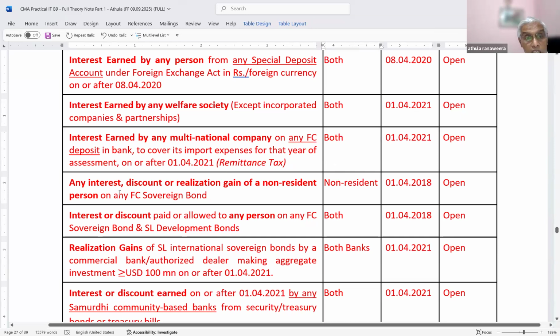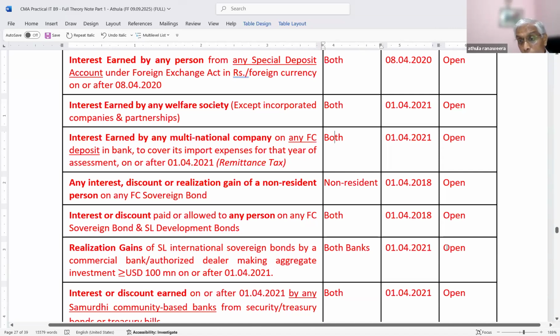Then any interest, discount or realization gain of a non-resident person on sovereign bonds, foreign currency sovereign bonds, is exempted. Again, Sri Lankan sovereign bonds, foreign currency, exempted. Again, realization of sovereign bonds by a commercial bank or authorized dealer making aggregate investment above 100 million US dollars.